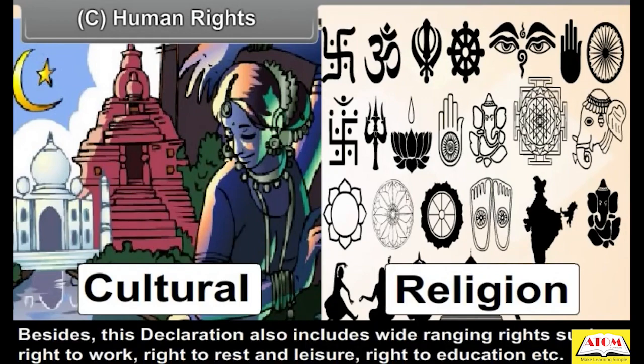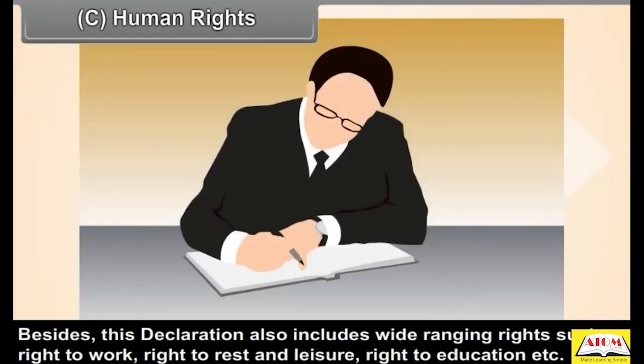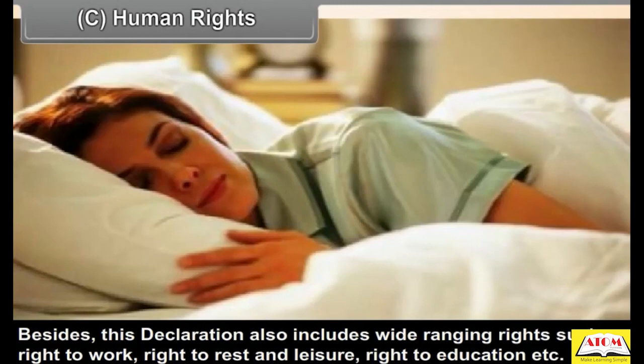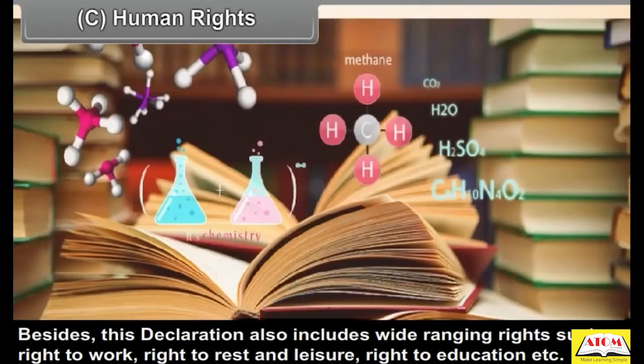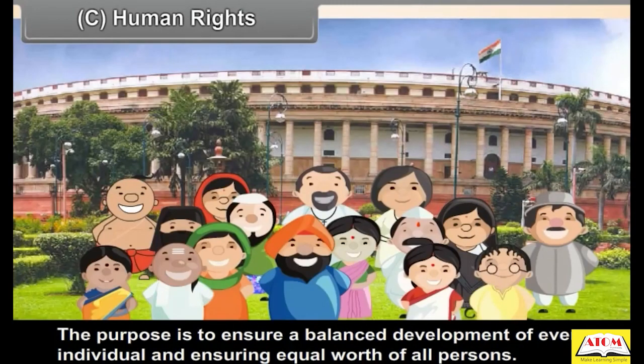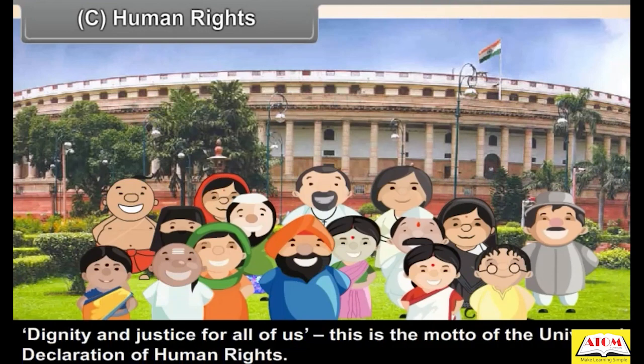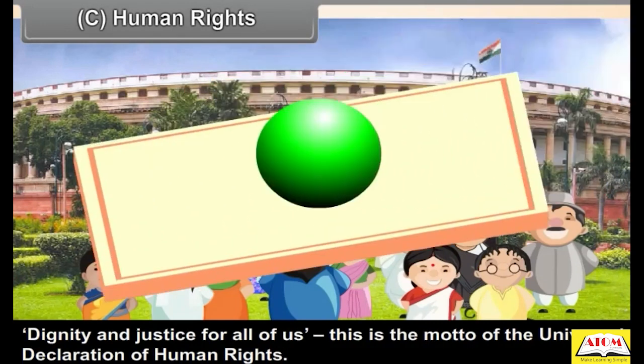Besides this, the Declaration also includes wide-ranging rights such as right to work, right to rest and leisure, right to education, etc. The purpose is to ensure a balanced development of every individual and ensure the equal worth of all persons. Dignity and justice for all of us, this is the motto of the Universal Declaration of Human Rights.